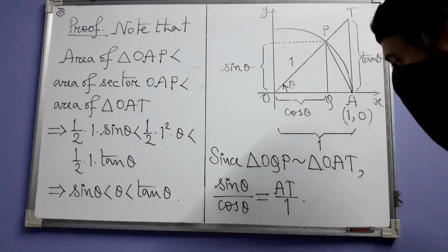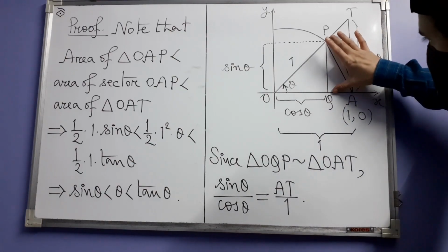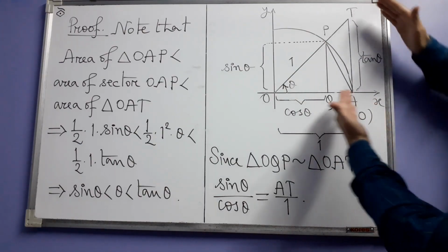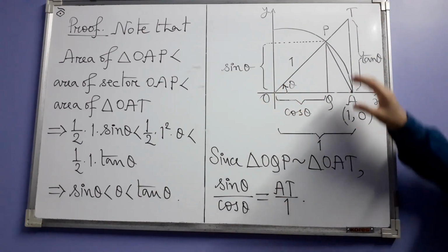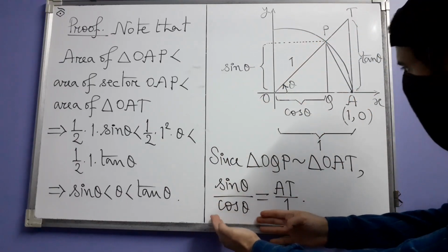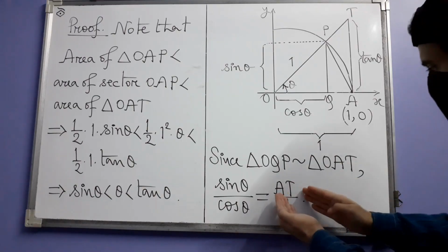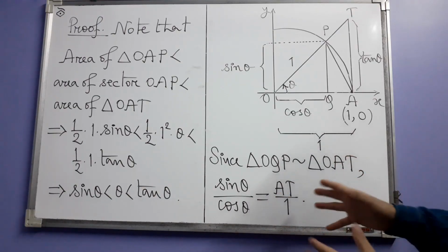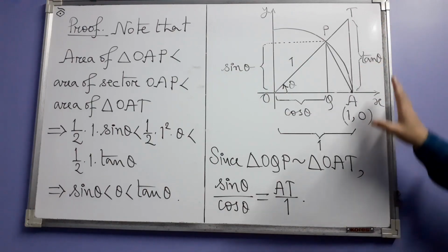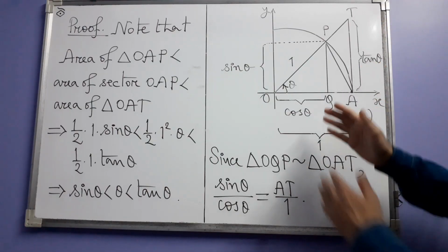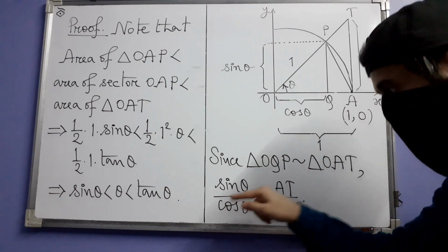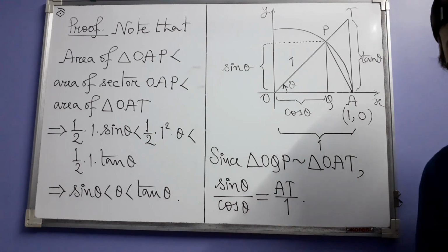In particular, PQ divided by OQ is equal to AT divided by OA. PQ is sin theta, OQ is cos theta, and OA has length 1. So AT is equal to sin theta divided by cos theta, which is tan theta.